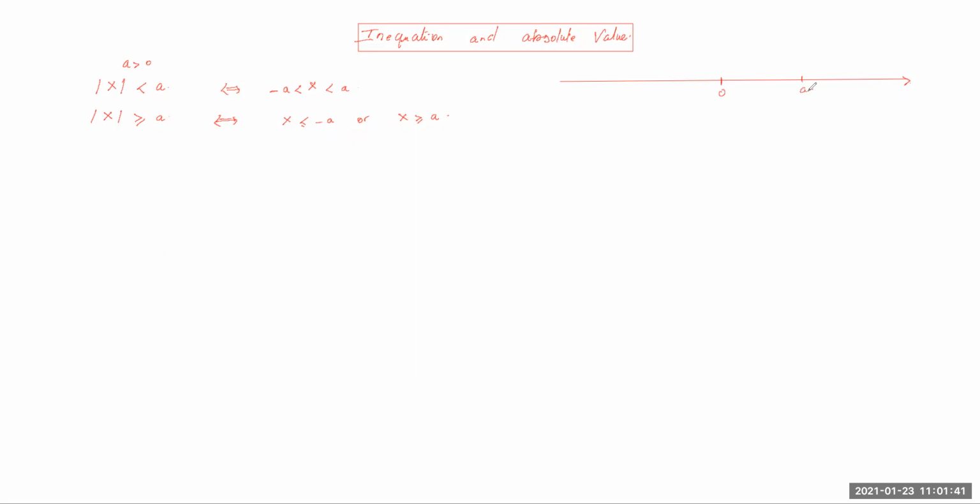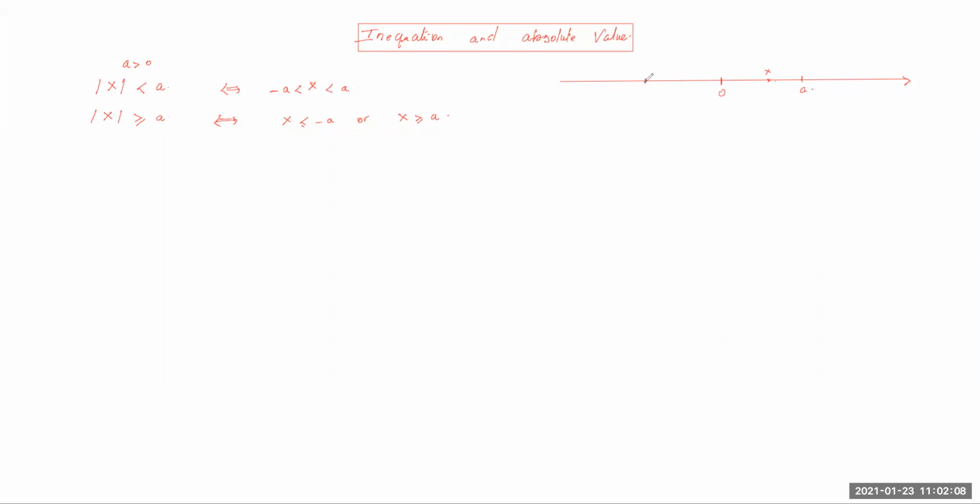We are looking for all possible quantities X whose distance from the origin is strictly less than A. All the values between 0 and A respond to this, because the distance from any point to 0 here will be less than the total distance A.